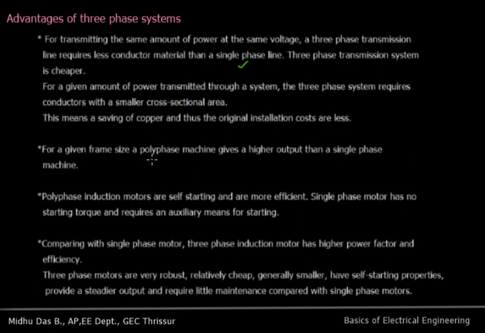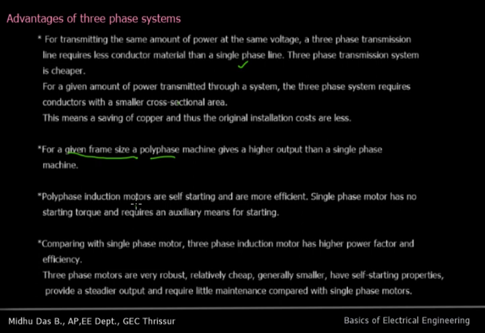Then if you consider a polyphase machine, or a three-phase machine, polyphase machines can give higher output than single-phase machines for a given frame size. For a given size of the machine, it can give higher output.